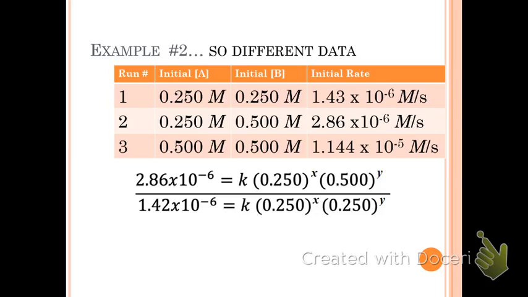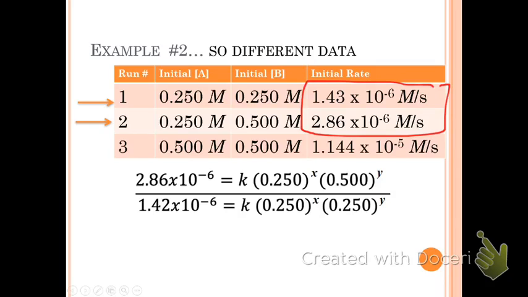If we look at concentration B, once again, we're still going to use experiment 1 and experiment 2. However, because of the rates of the reaction, we find that in experiment 1, when B is 0.250, your rate is 1.43 e to the negative 6. But when you double reactant B, leaving reactant A the same, your rate changes to 2.86 e to the negative 6.